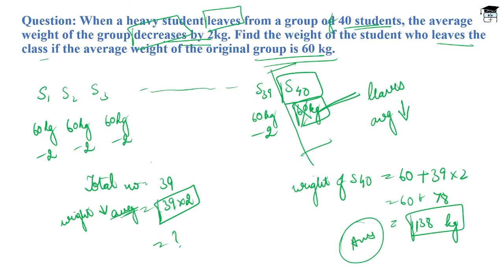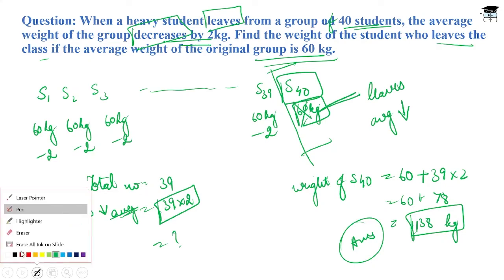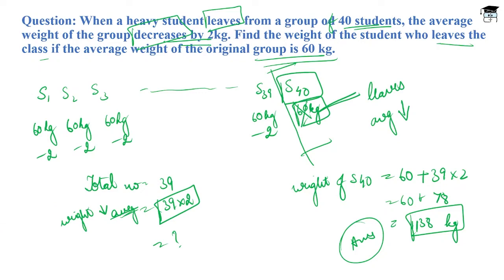How can we do that mentally without using the pen? When a student leaves a group of 40 students, one student is leaving, that means 40 is now 39. The average weight is decreasing by 2 kgs. That means 39 into 2. Find the weight of the student who leaves the group.